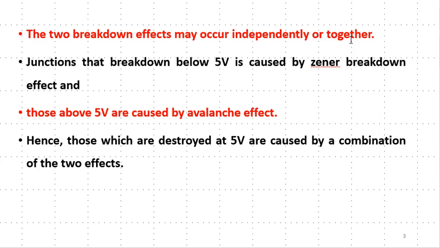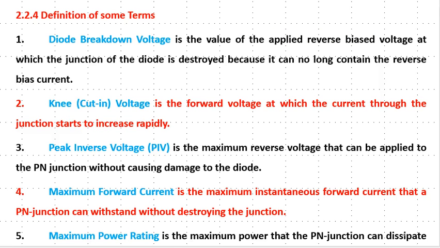And how do we know when they occur separately and when they occur at the same time? Whenever your voltage is less than 5 volts, only Zener breakdown can happen. When it is above 5 volts, only avalanche breakdown can happen. But if the voltage is exactly at 5 volts and the breakdown occurs, then it is the combination of the two, that is, the avalanche and the Zener breakdown.